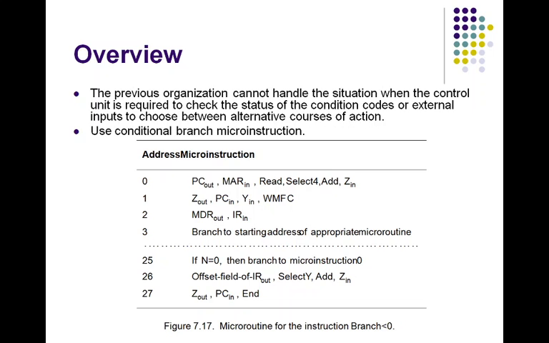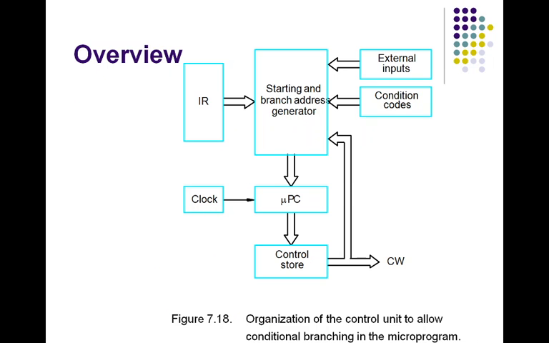To support microprogram branching, the organization of the control unit should be modified, as shown in this figure.